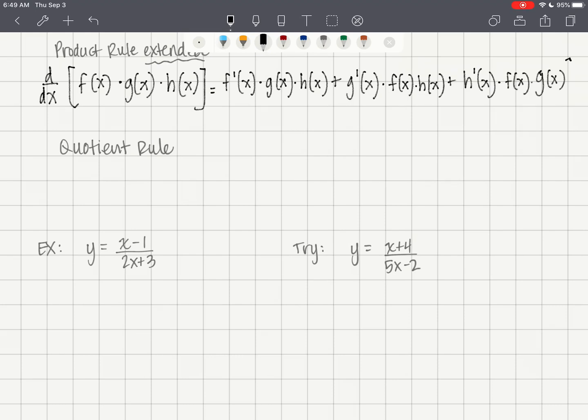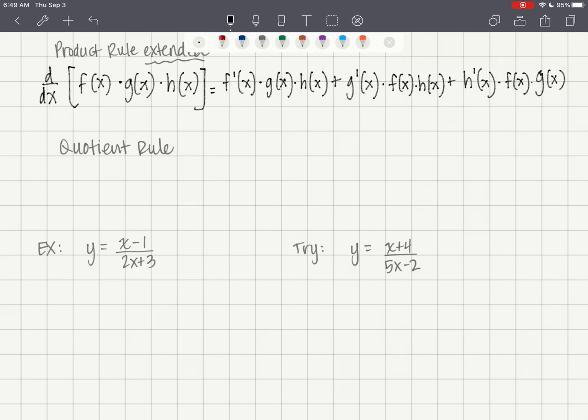And there's no brackets there, so we're good. So that's the extended product rule, which might occur. It doesn't happen very often, but it could occur, in which case you would use this extended rule.